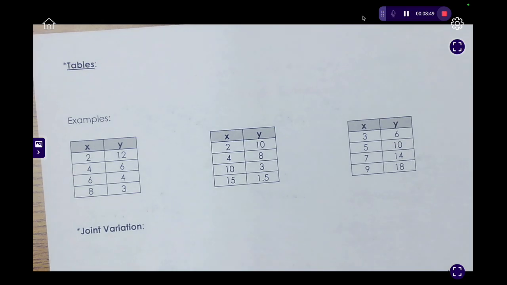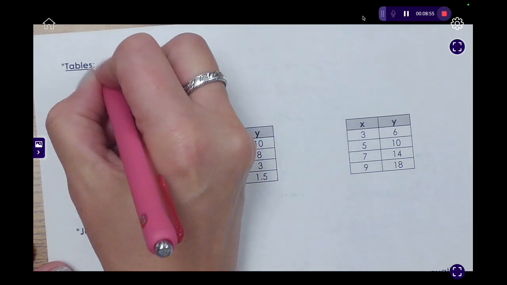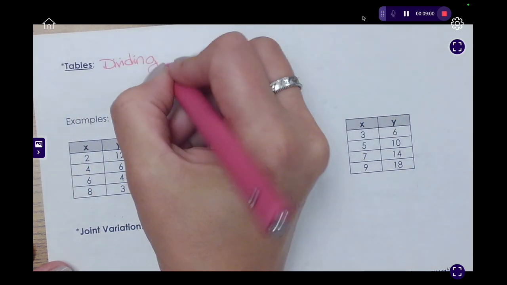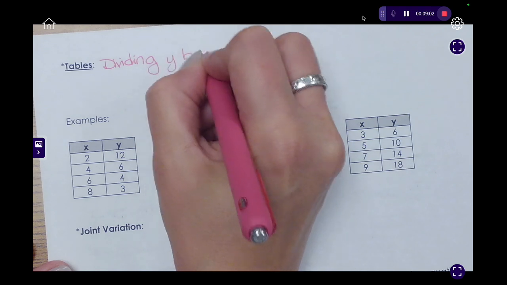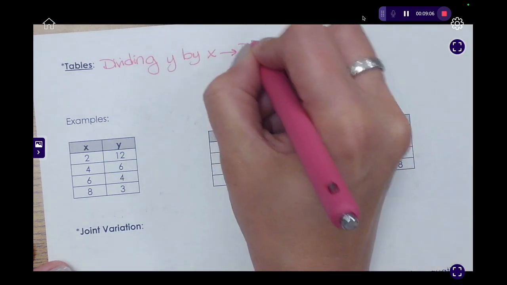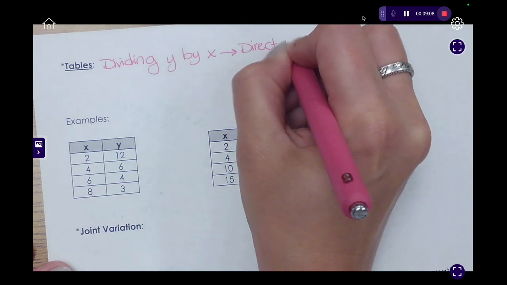Okay, so looking at this, if I look at the tables, there's something specific you're going to be looking for. So the rule is, if I am dividing your y values by your x values, that is going to be an example of direct variation if they're all the same.